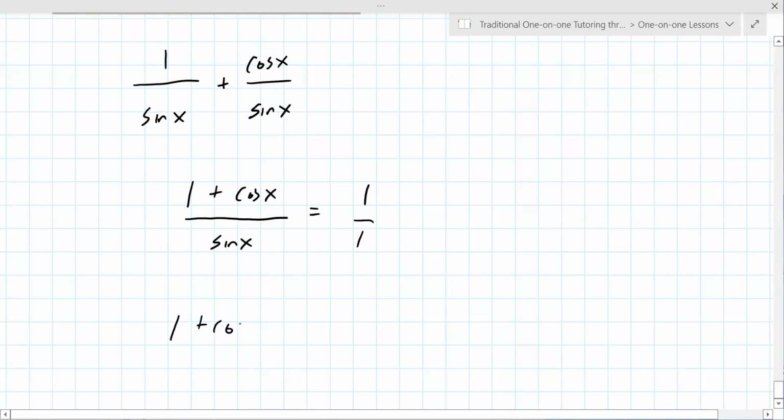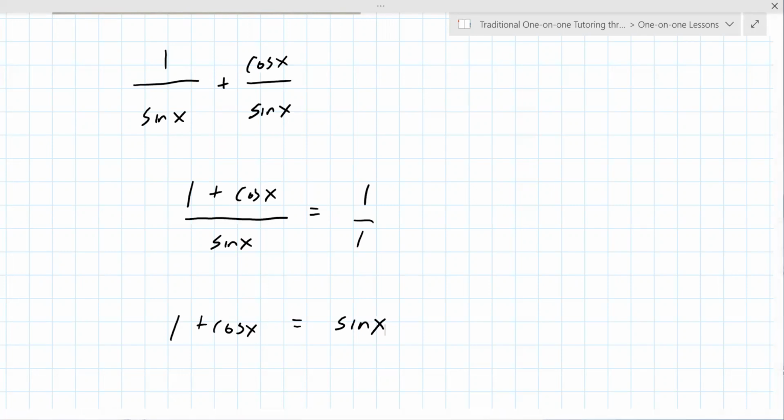The next thing to do here is to multiply both sides by sine x. So it's 1 plus cosine x equals sine x? This one's a little weird, so I'm going to graph it, because sometimes you see things better by looking at the graph to get an idea of what is going on here.